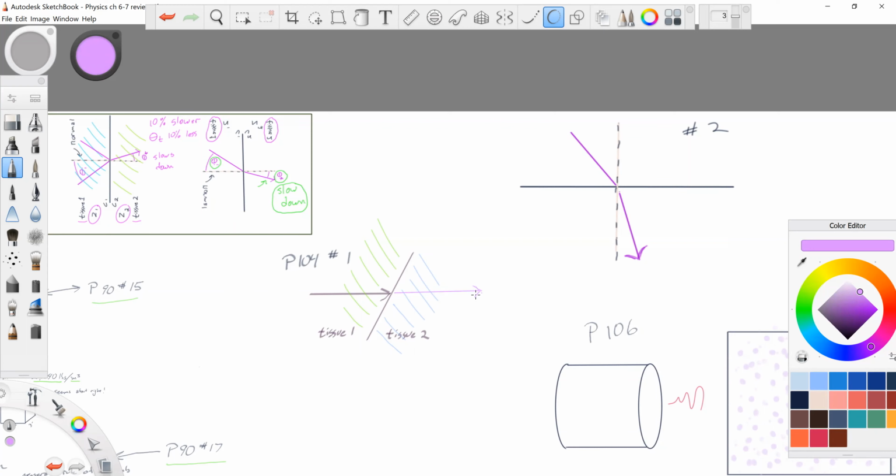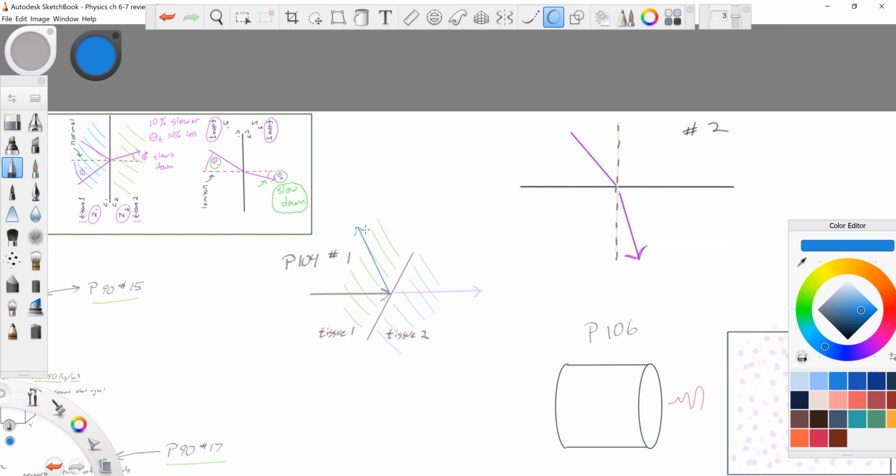But there is a reflection. Let me hold this sideways so I can get this angle somewhat correct. Okay, so there was a refraction, I'm sorry, a reflection.